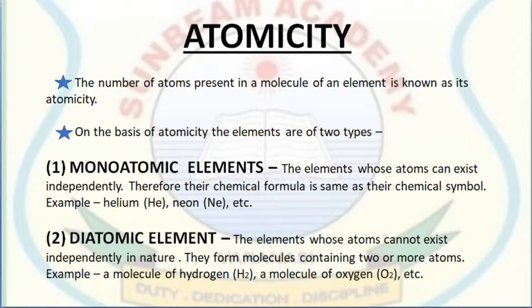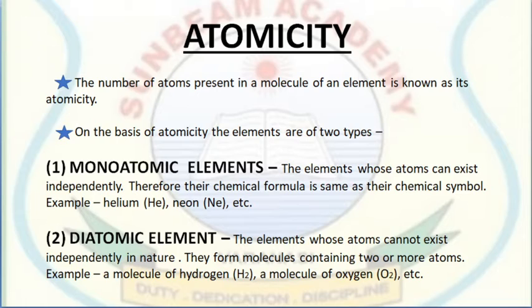However, the atoms of many elements cannot exist independently in nature. They form molecules containing two or more atoms. For example, the molecules of hydrogen, nitrogen, oxygen, and chlorine.